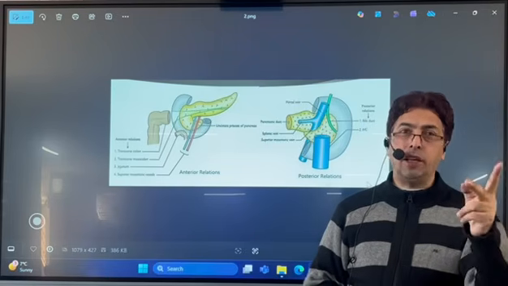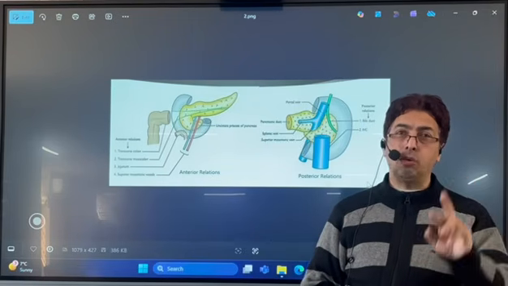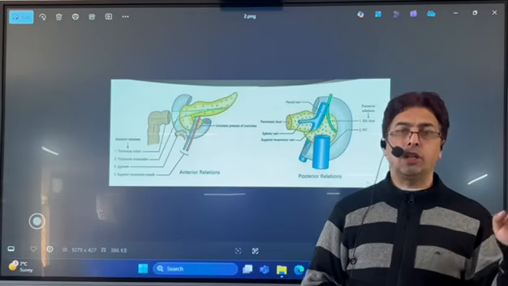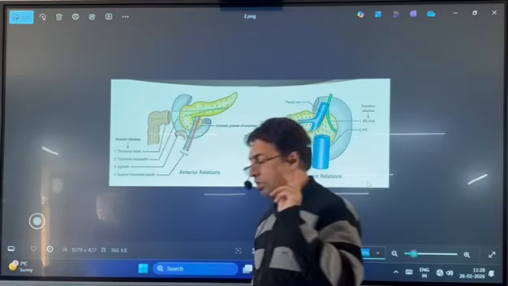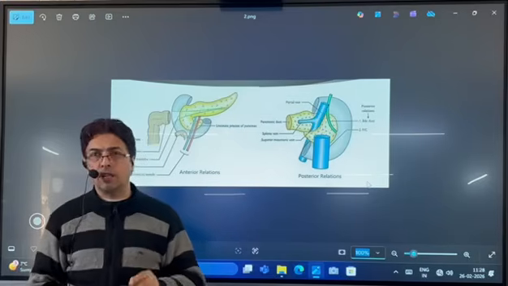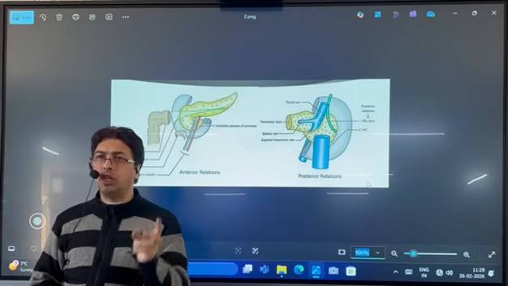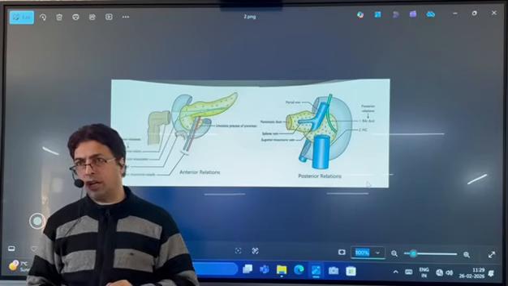The portal vein is formed at the level of L2 by the union of two veins, the superior mesenteric vein and the splenic vein. So that is very important as far as the posterior relation of the neck of the pancreas is concerned.